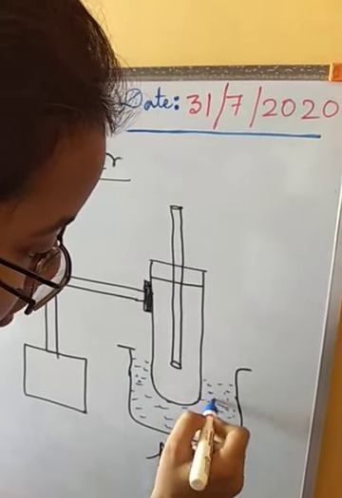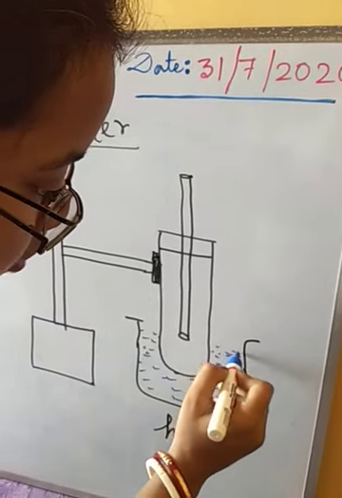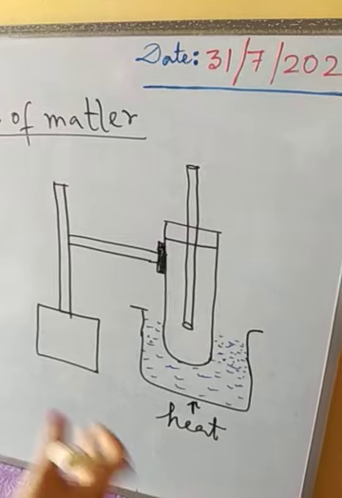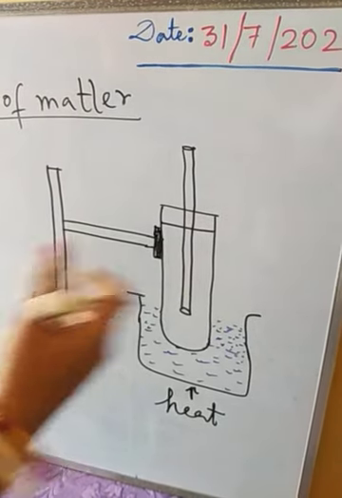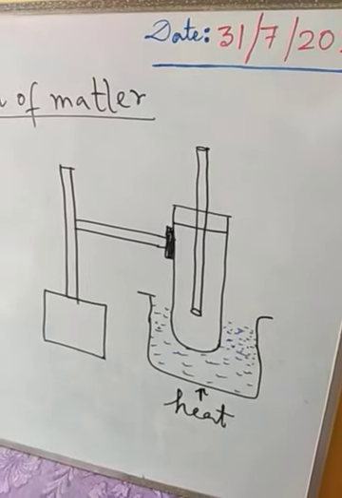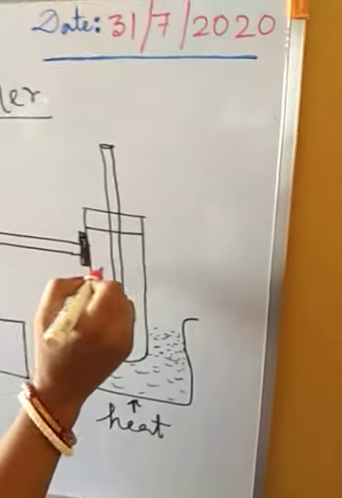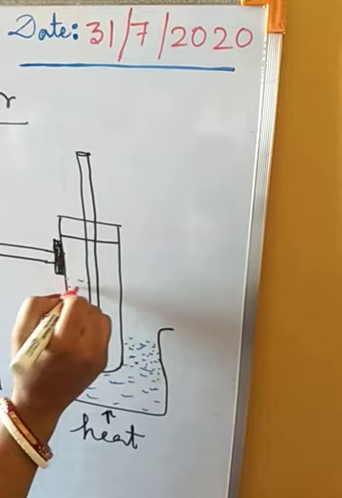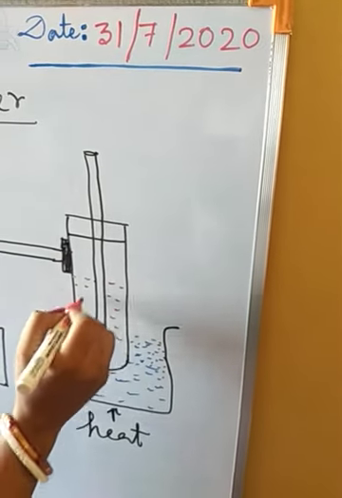This kind of heating process we can call a water bath. We are not heating the test tube directly, but with the help of the warm water which we are heating, the heat will transfer to this test tube.